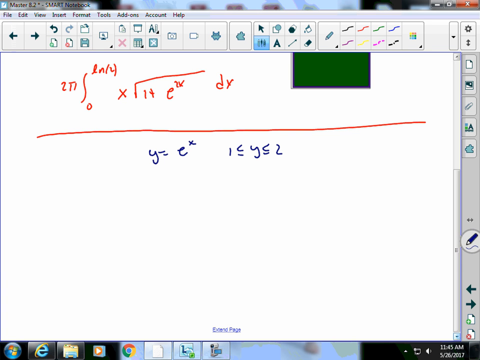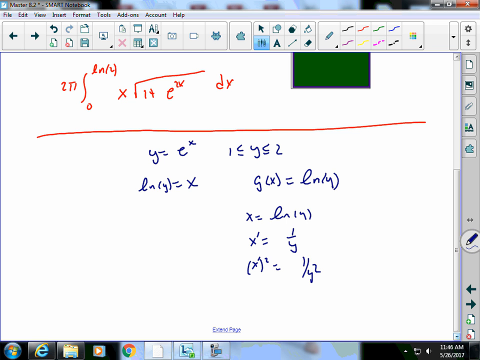Well, can't I say the natural log of y is equal to x? So now my g of x is equal to natural log of y. So I have a function. So I could say x is equal to the natural log of y. All right, x prime is equal to 1 over y. And x prime squared is equal to 1 over y squared.